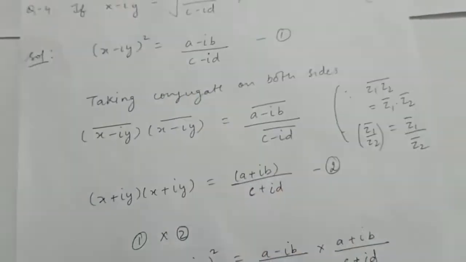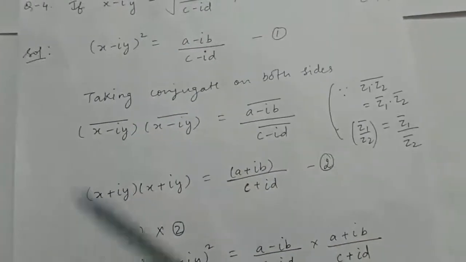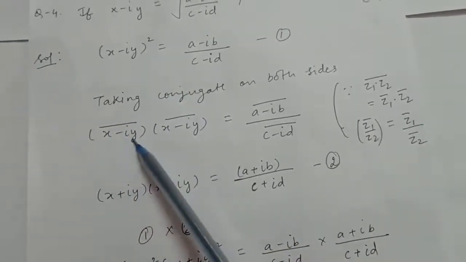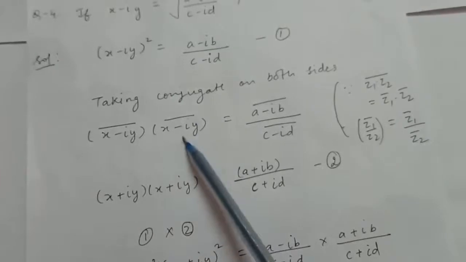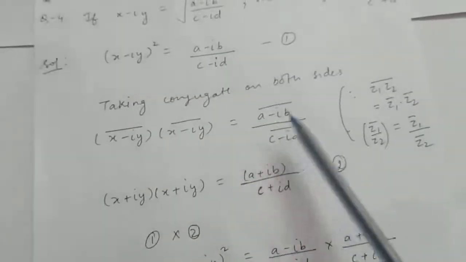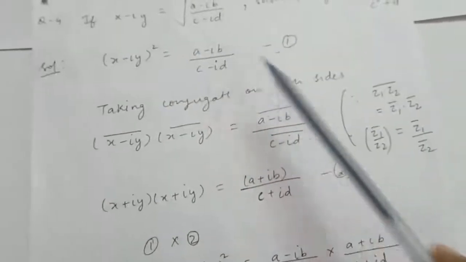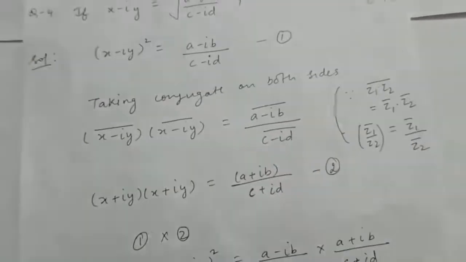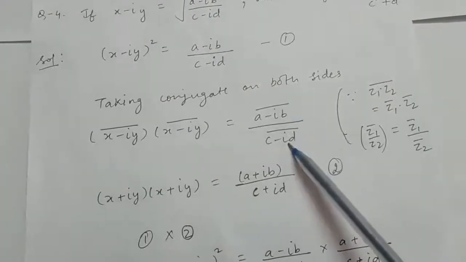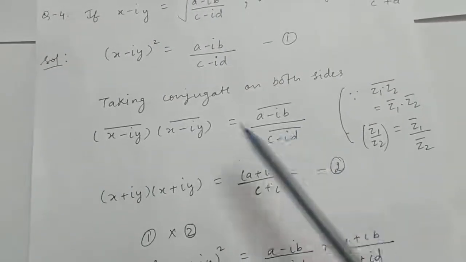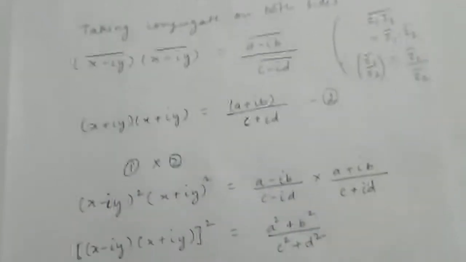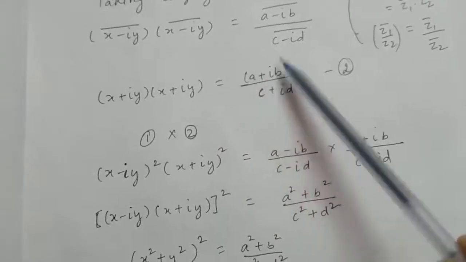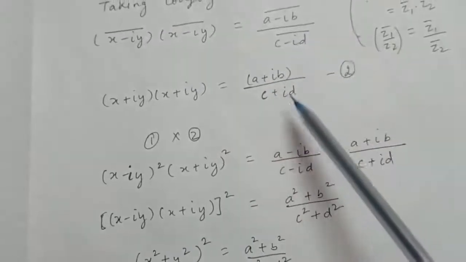Therefore, the conjugate of the square can be written as conjugate of (x minus iota y) into conjugate of (x minus iota y), right? Equal to, also the conjugate of this can be written as conjugate of z1 upon conjugate of z2. So it will be conjugate of (a minus iota b) upon conjugate of (c minus iota d). Now this will be (x plus iota y) into (x plus iota y) equal to a plus iota b, and the conjugate of this will be c plus iota d.